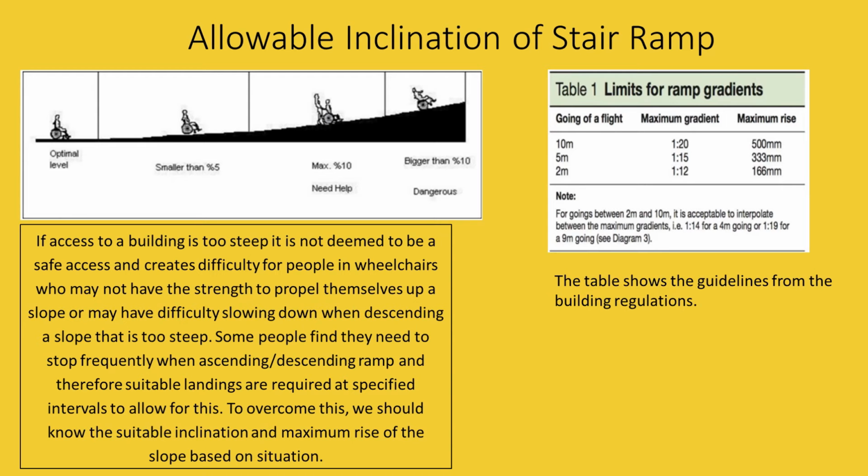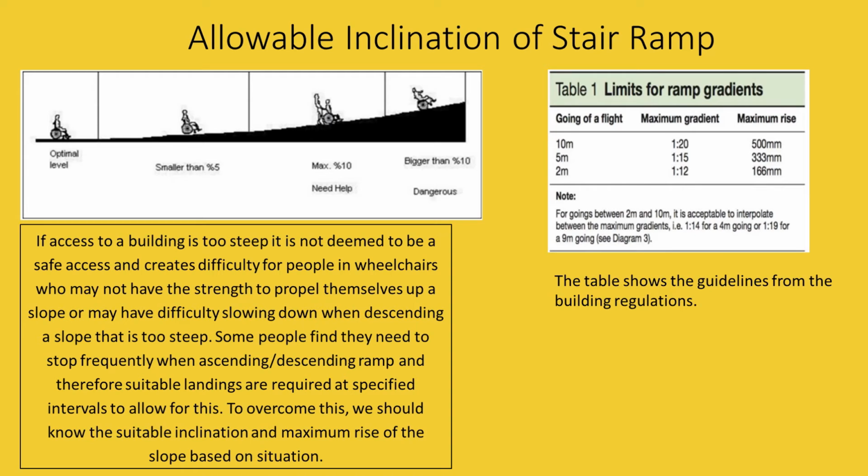Allowable inclination of the STAIR ramp. If access to a building is too steep, it is not deemed to be safe access and creates difficulty for people in wheelchairs, who may not have the strength to propel themselves up a slope or may have difficulty slowing down when descending a slope that is too steep.